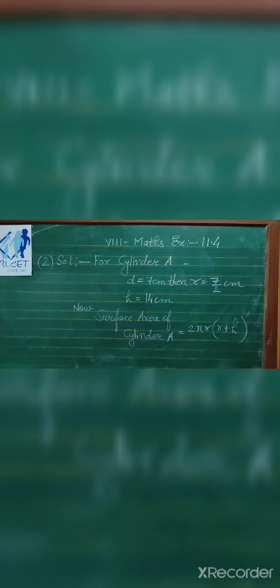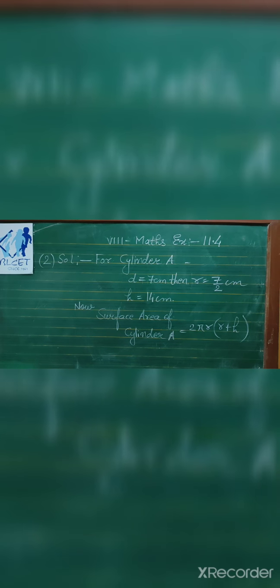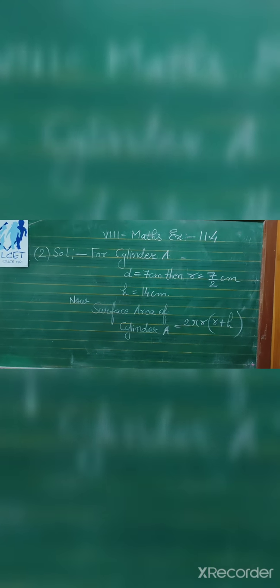If you multiply 539, the volume of cylinder A, by 2, you will get 1078. That means the volume of cylinder B is just double that of cylinder A. We can say that when we calculated volume, we saw the diameter of cylinder B is double that of cylinder A, so the volume of cylinder B is double the volume of cylinder A.